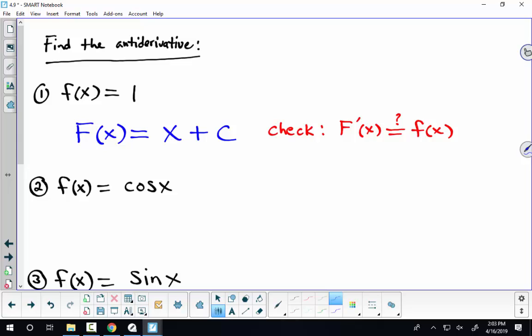It's any real number. Is that clear why? Does anyone have any questions on that? The derivative of this function is 1 no matter what, because the derivative of a constant is 0.